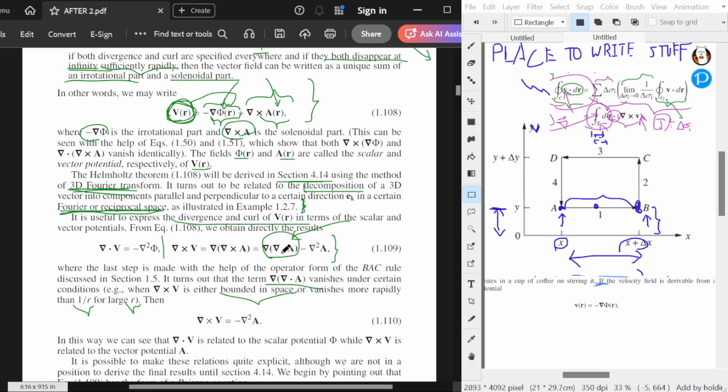The gradient of the divergence. Bounded in space. Is there a connection there? The curl bounded in space makes this thing insignificant.